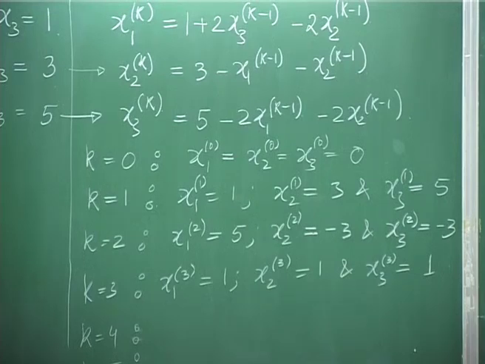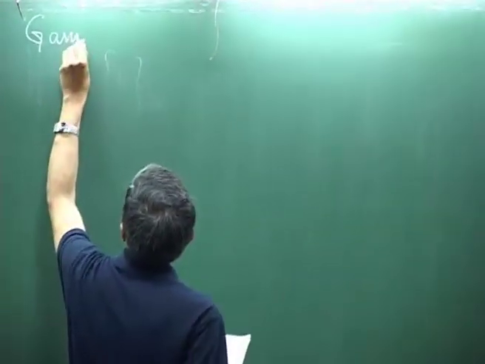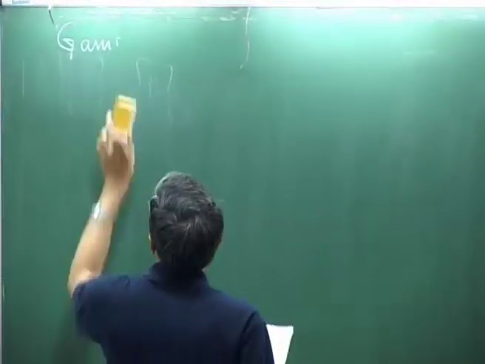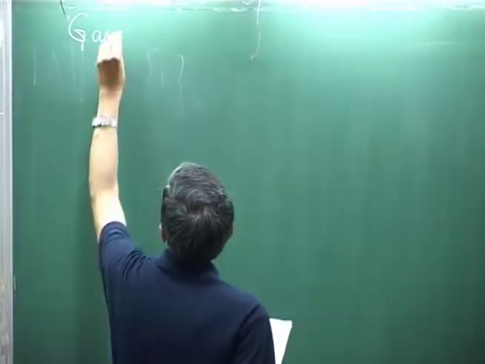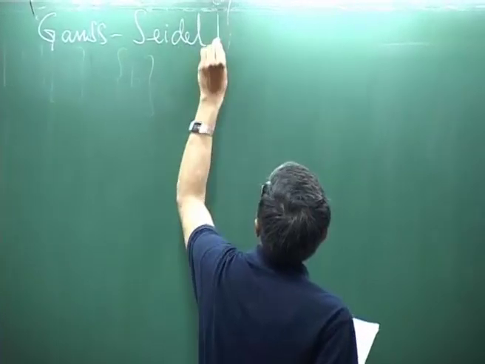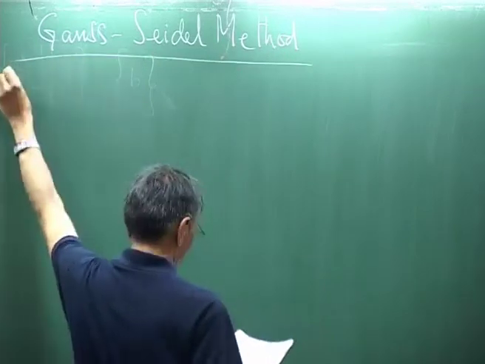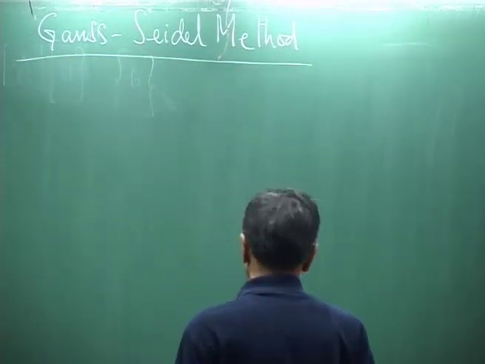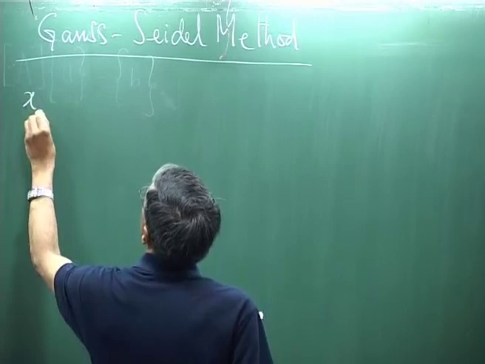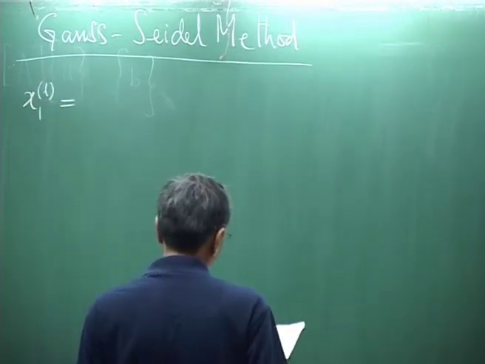Now, if I move over and try to set up an equivalent Gauss-Seidel method, what I would be doing, I would take, let's say, the first equation to evaluate x1.